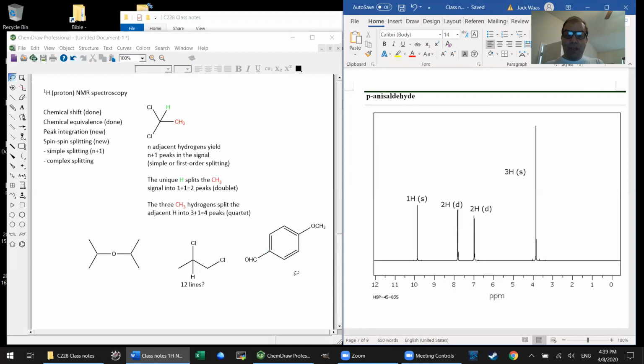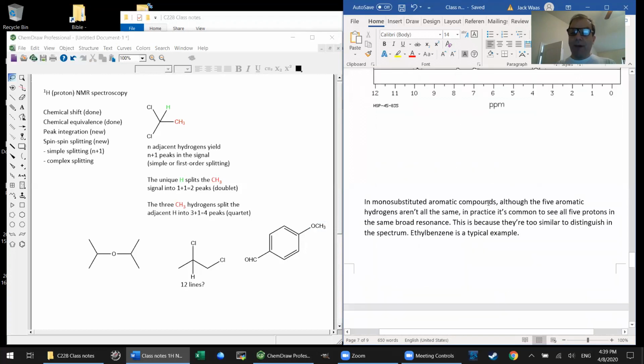There's 2, and then these 2. And each one of those has 1 adjacent hydrogen, so unsurprisingly, they are doublet split. And then finally, our methyl group integrates to 3 hydrogens, and it's also a singlet because there are no adjacent hydrogens. So that's very typical for a para-disubstituted aromatic compound.